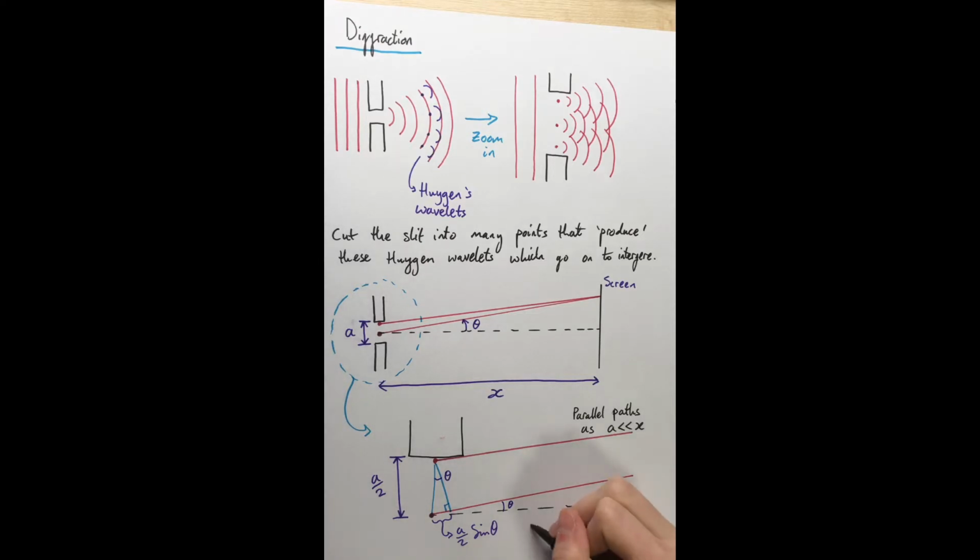So we find that a dark fringe occurs when the path difference, now a over 2 sine theta, is equal to half a wavelength.